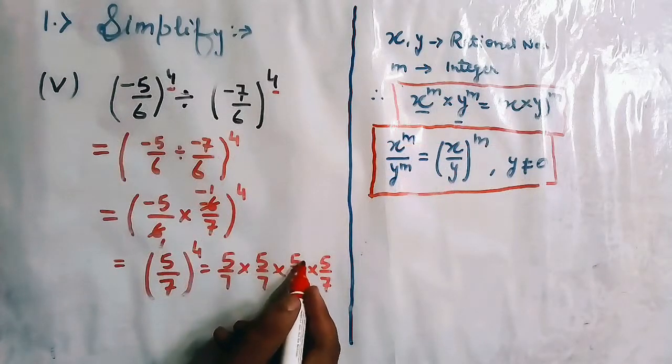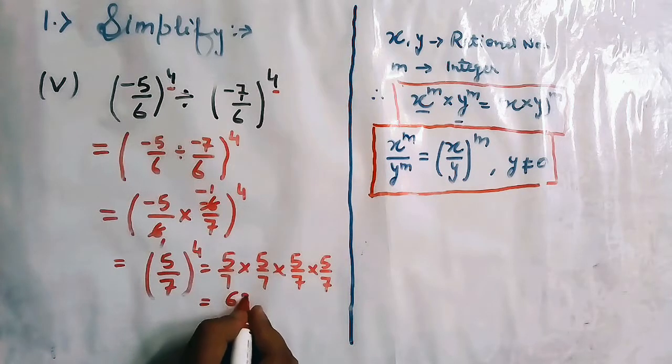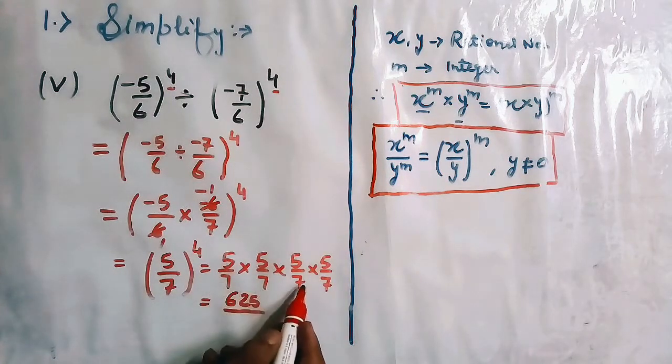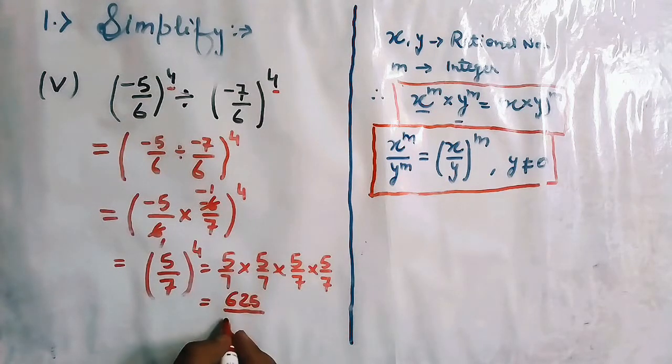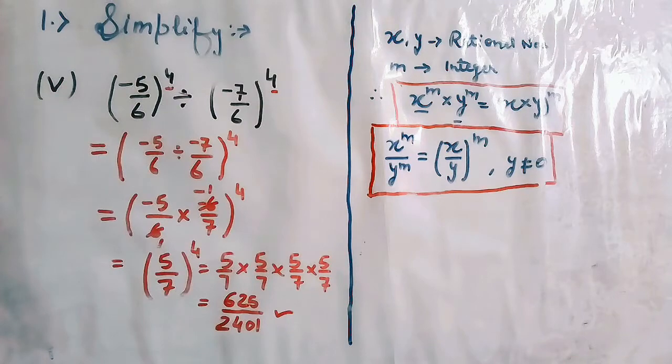Now simplify it, 5 fives are 25, 5s are 125, 5s are 625, upon 7 sevens are 49, 7s are 343, 7s are 2401. So 625 upon 2401 is your required answer.